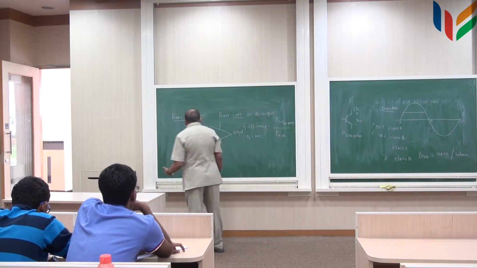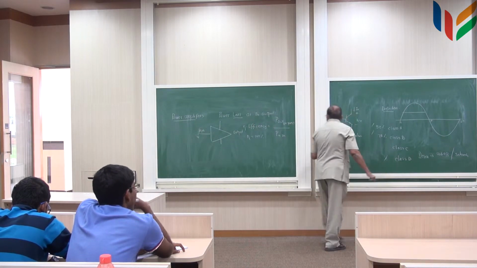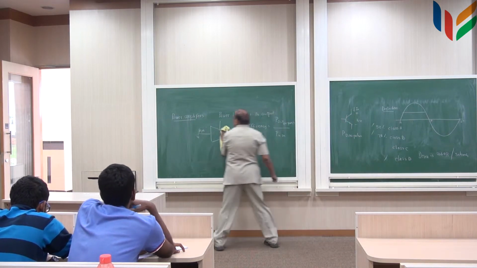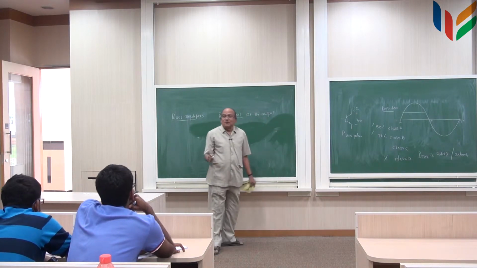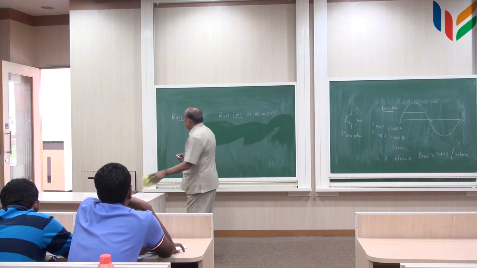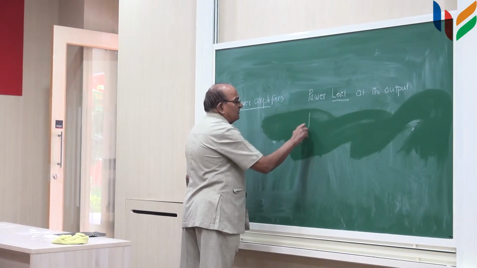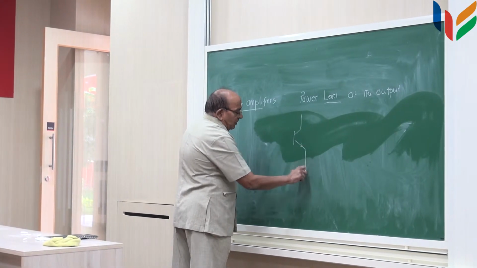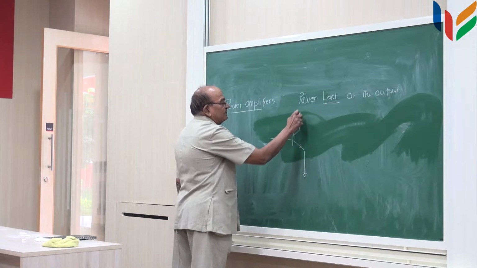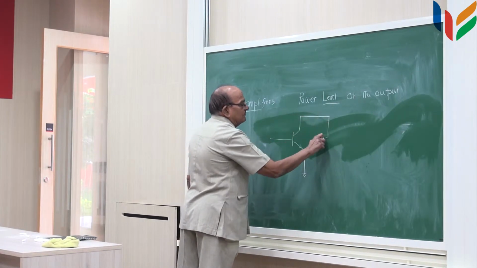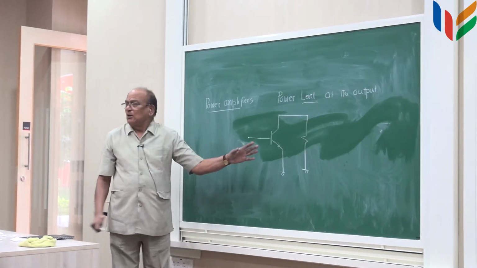Class A is a standard voltage amplifier. It is rarely ever used as a power amplifier. So, we will not spend too much time on this, but you can very easily understand it. A simple model is this.